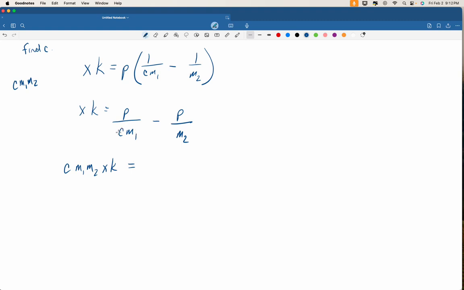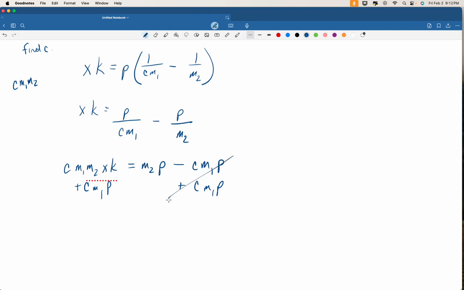And then multiply this by m2, so it's going to be m2p minus, so cm1 times this, cm1p. So now to get all the c's over on one side, I'm going to add cm1p to both sides.